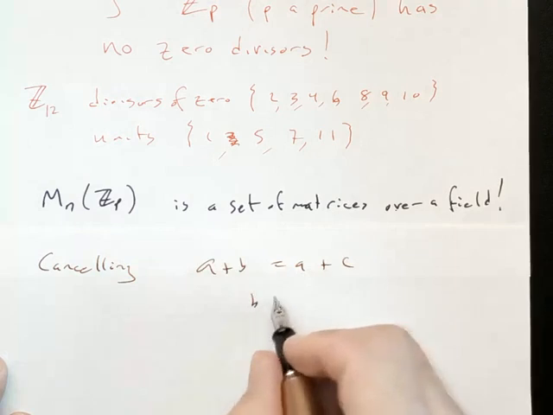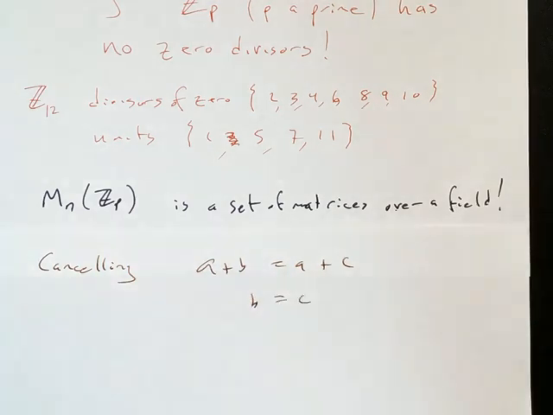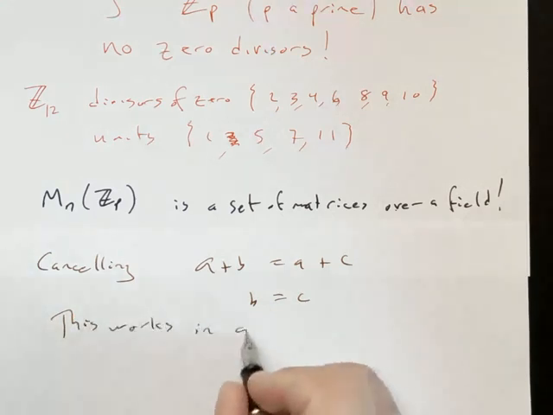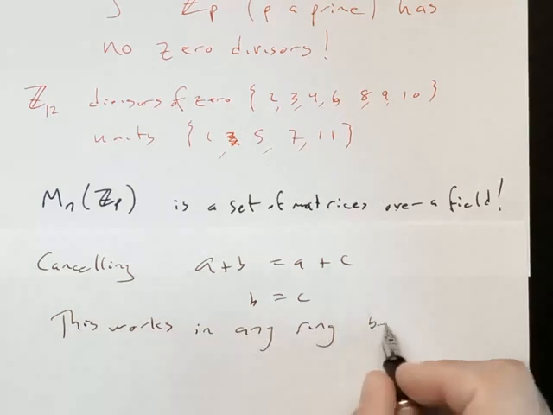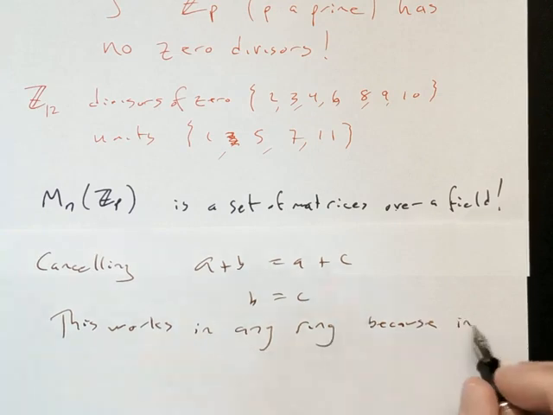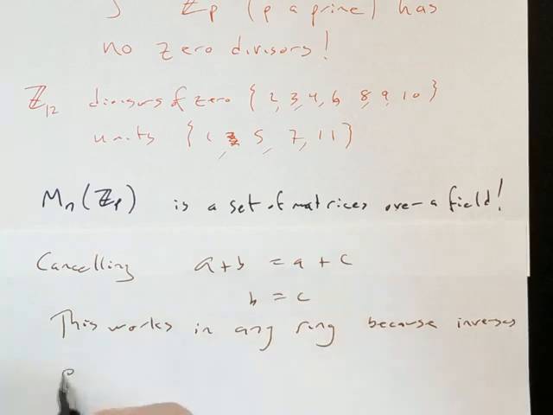And I throw away the a's and I get b equals c. I know that works. Why do I know that works? Because the inverses exist for the addition. The addition part is a group.